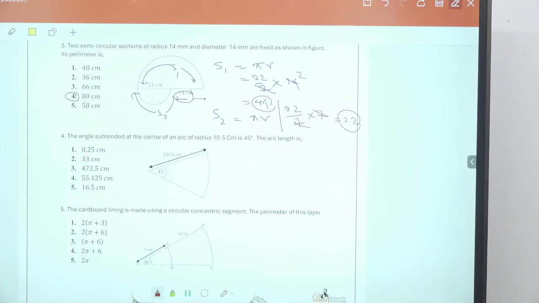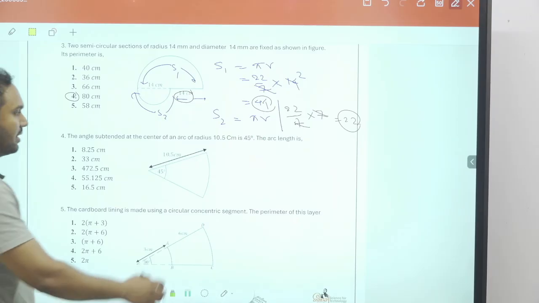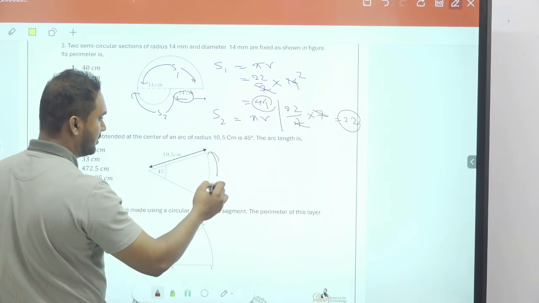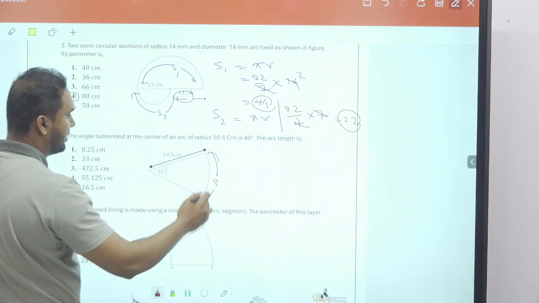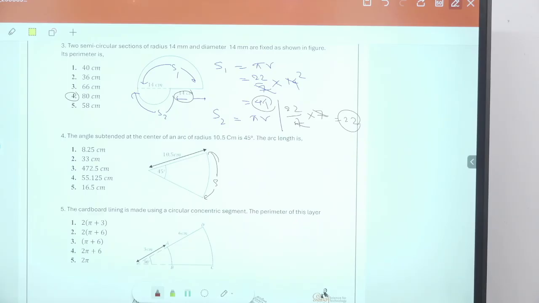The angle subtended at the center of an arc of radius 10.5 centimeter is 45 degrees. They are asking for the arc length. Find the arc length. So what would be the formula for an arc length?